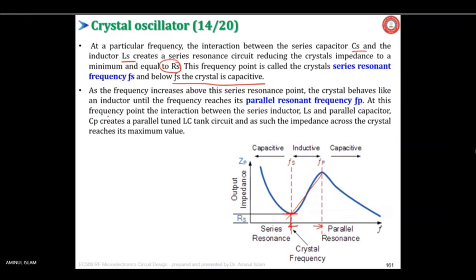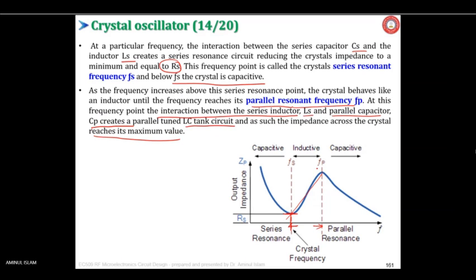And it reaches a frequency called the parallel resonant frequency. At this point, the interaction between the series inductor LS and parallel capacitor CP creates a resonant LC tank circuit, such that the impedance across the crystal reaches the maximum value.